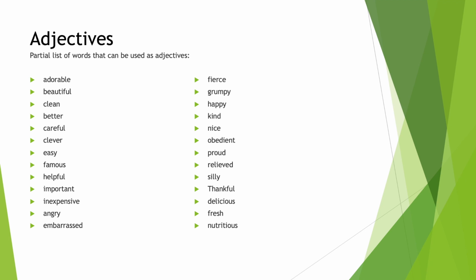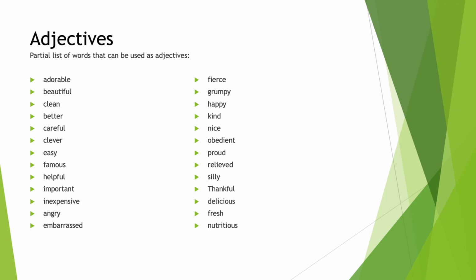This is a list of words that you could use as adjectives. If you wanted to describe what someone or maybe an animal looks like, you might say they are adorable or beautiful. You could talk about clean water. This is a list of words that can be used as adjectives to provide more information about the nouns that you're talking about.